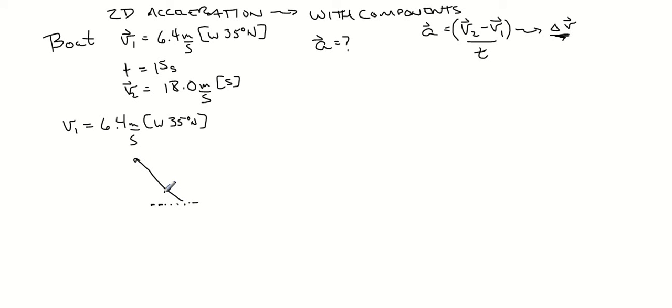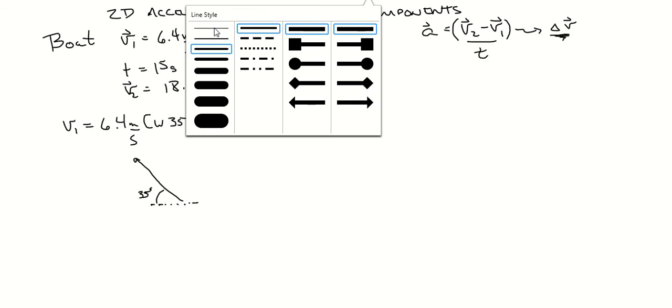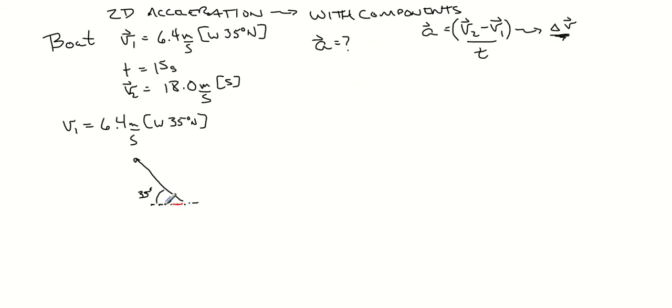And we can show our angle right here, and that is 35 degrees. Which also means that we can show on here our x component and our y component. So v1y is there, v1x is right there.